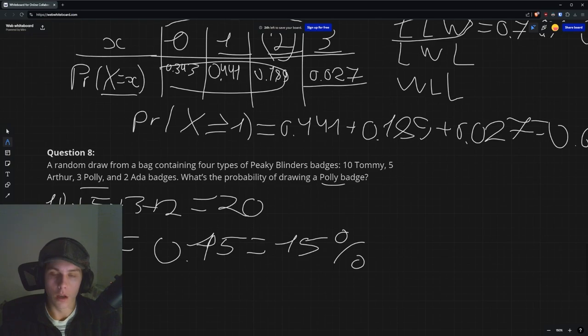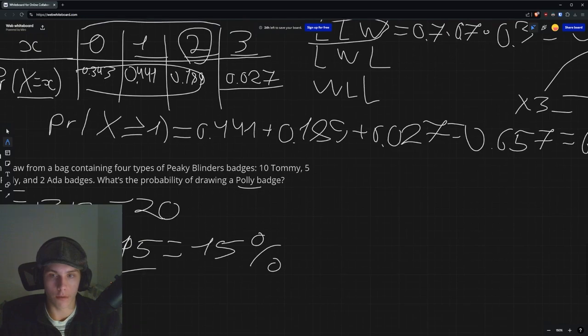Very simple. Pro tip, on your exam, you will be able to leave it as 3 over 20. You won't have to convert it to 0.15 because that's also a ratio. As a matter of fact, leaving it as 3 over 20 is better because you can convert it to a decimal without rounding.